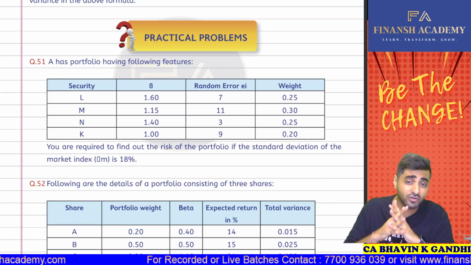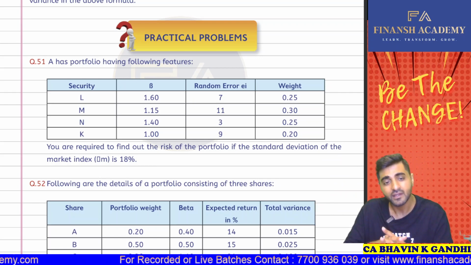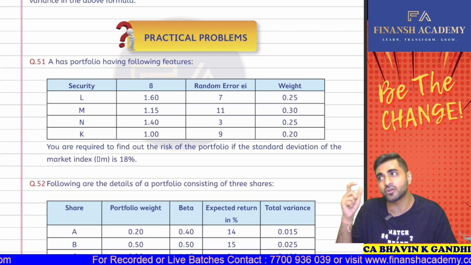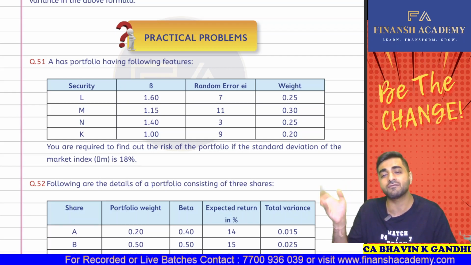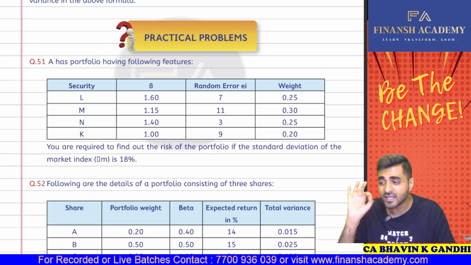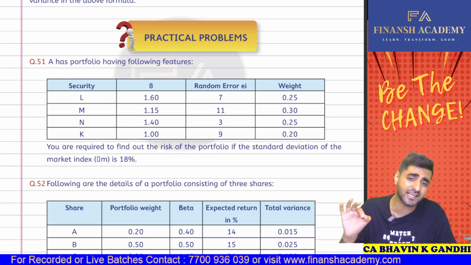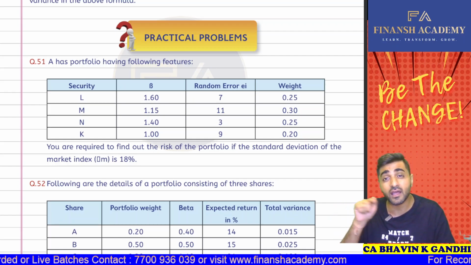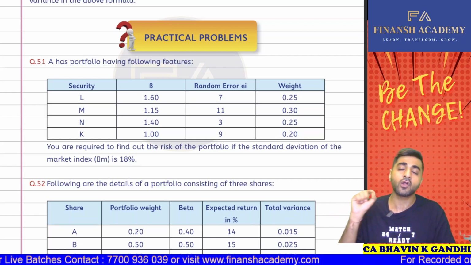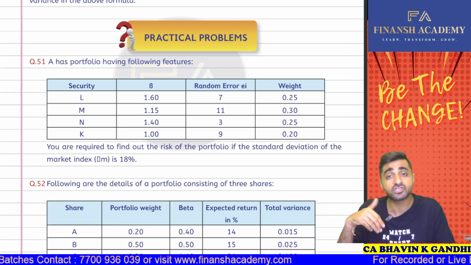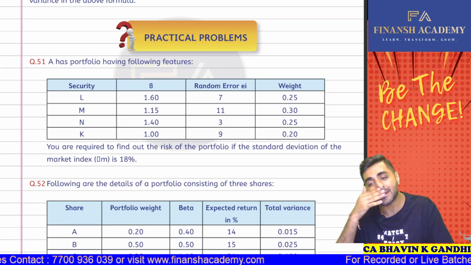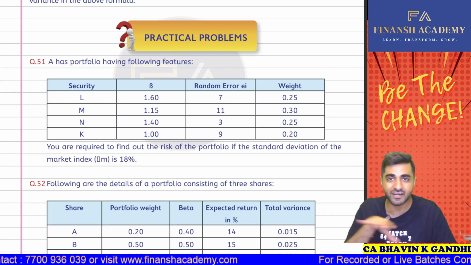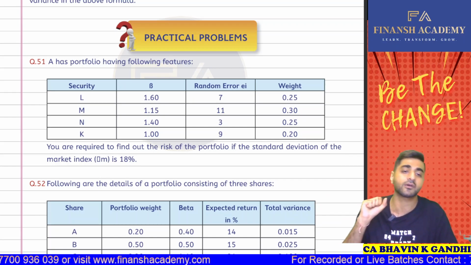Okay, so that is something which you're going to now learn in your question number 51. So you can understand that in your examination, when to use this concept. When they give it to you in the exam itself that the random error is this or the unsystematic risk is this, and also if they tell you to use Sharpe's index model or single index model, then we can simply use that weighted average concept, which I'm teaching you right now.